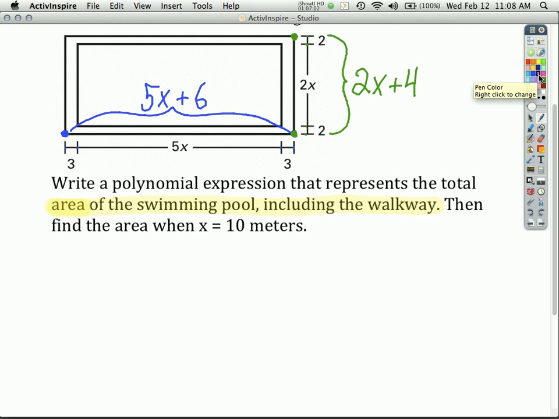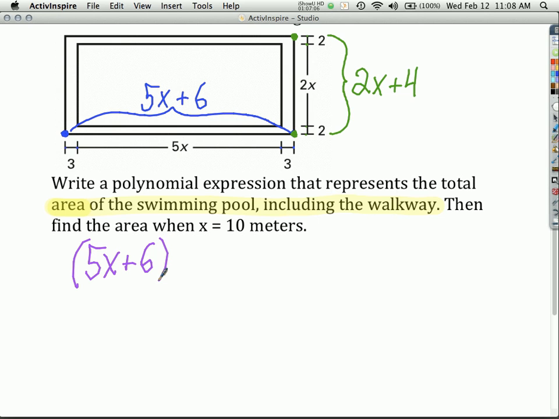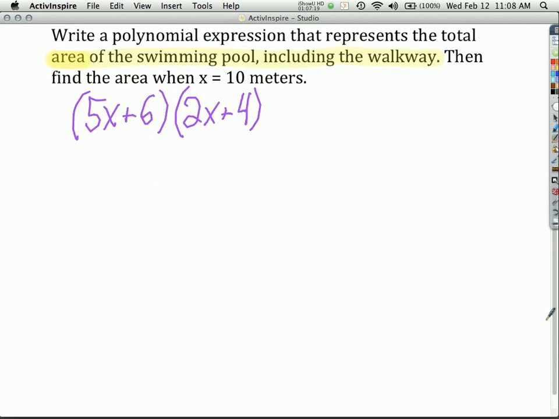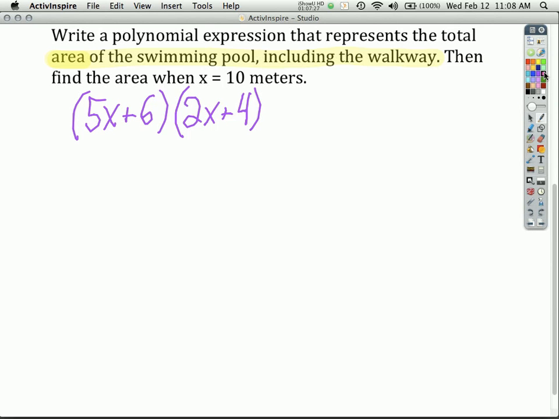So now we've got the base, which is 5x plus 6, and the height, which is 2x plus 4, and we need to multiply them together. How are we going to do that? What would be an effective way to multiply them together? Zabari? Foil it. So, let's foil it and use our powerful mental math to help us.